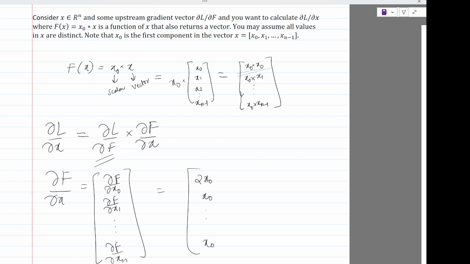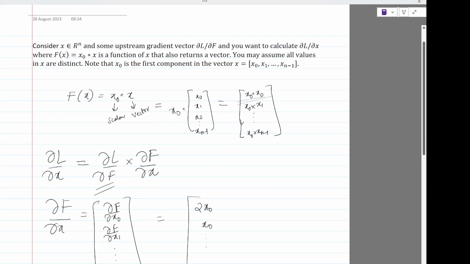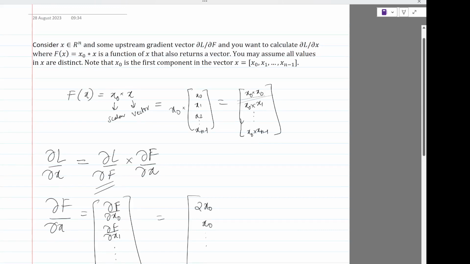Pranav, I have a query regarding the last statement where it is mentioned that x naught is the first component in vector x. So that means this is x naught into x, first component into x.